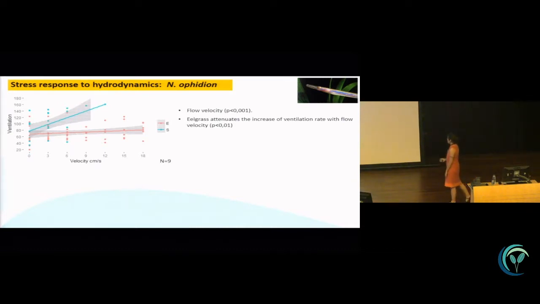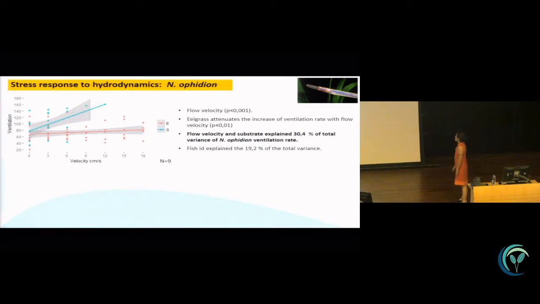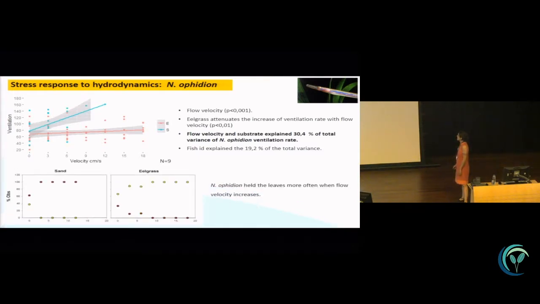In fact, these animals were not able to deal with velocities higher than 12 centimeters per second, with only one individual managing it when the substrate was sand. Flow velocity explained 30%, and substrate explained 30% of the total variance. That was kind of expected. Nerophis ophidion holds the leaves all the time, and especially when flow velocity increases.